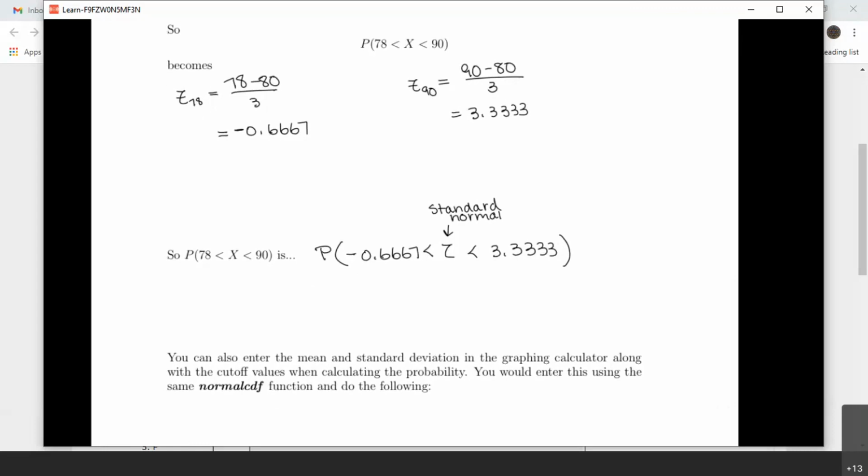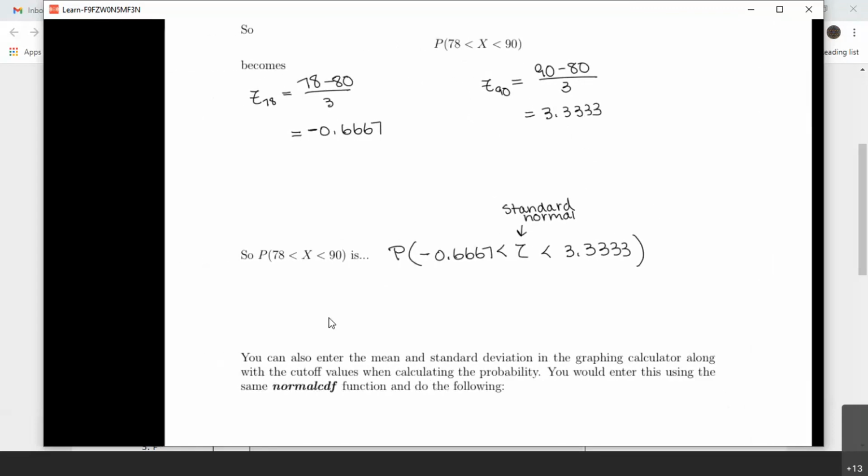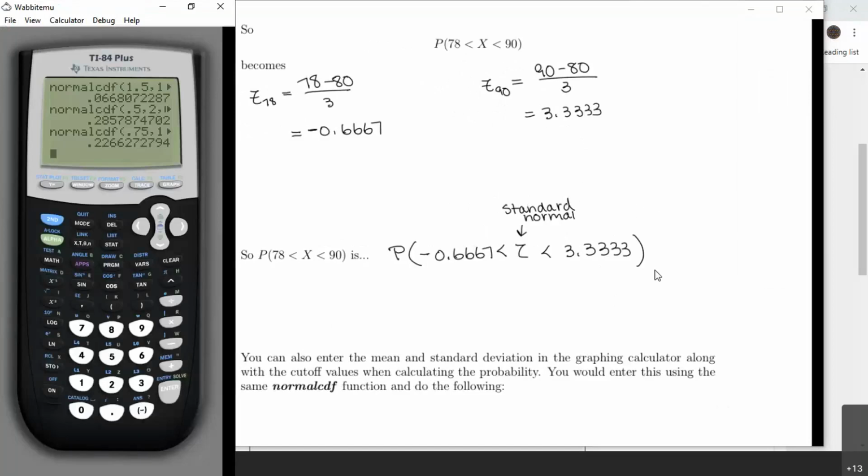So I'm going to do this on the TI because I can show it while I show my work as well. Second, normal CDF. I would say negative 0.6667 for my lower bound and 3.3333 my upper bound, and this is on the standard distribution.